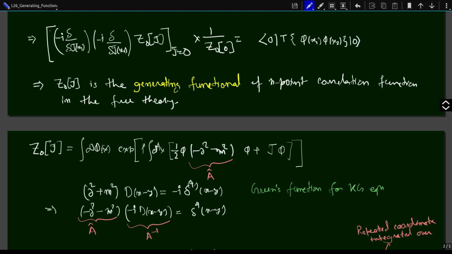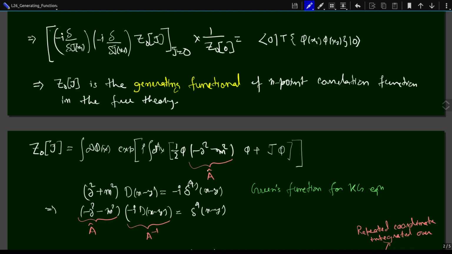So this is what we have: Dφ exponential i ∫ d4x, and here integration by parts has been used to convert this ∂μφ into φ times minus ∂² φ. So it is φ times minus ∂² minus m² φ, and this is basically my operator A, plus jφ. If we have this kind of integral, we know how to invert it, and we can write the result in terms of the inverse of A.